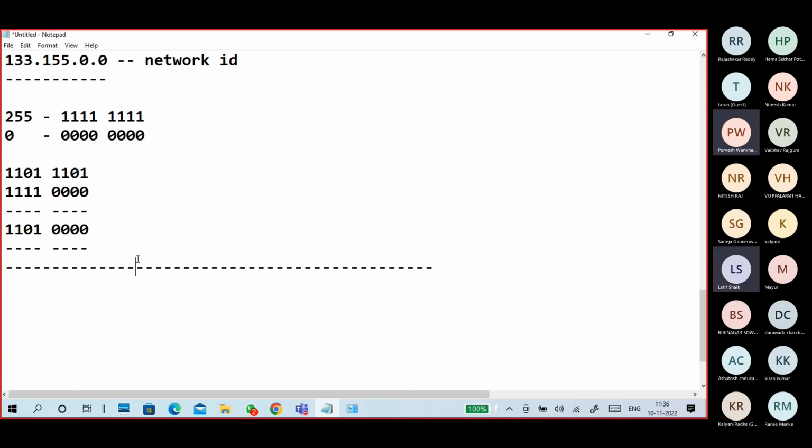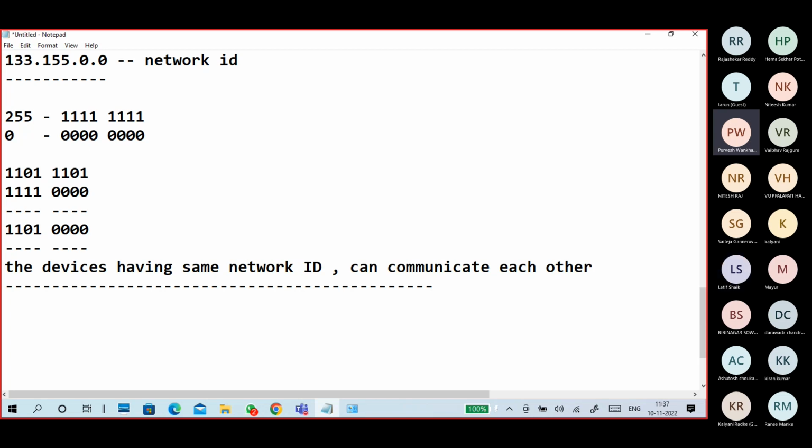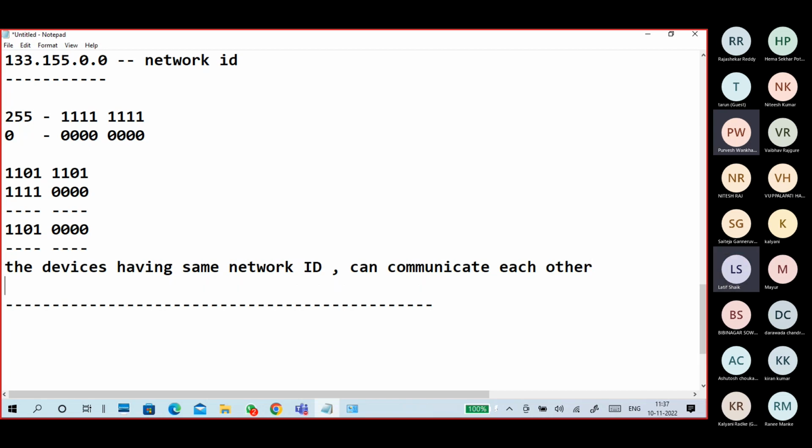Okay. If two or more devices, so I am typing like this, the devices having same network ID can communicate each other.